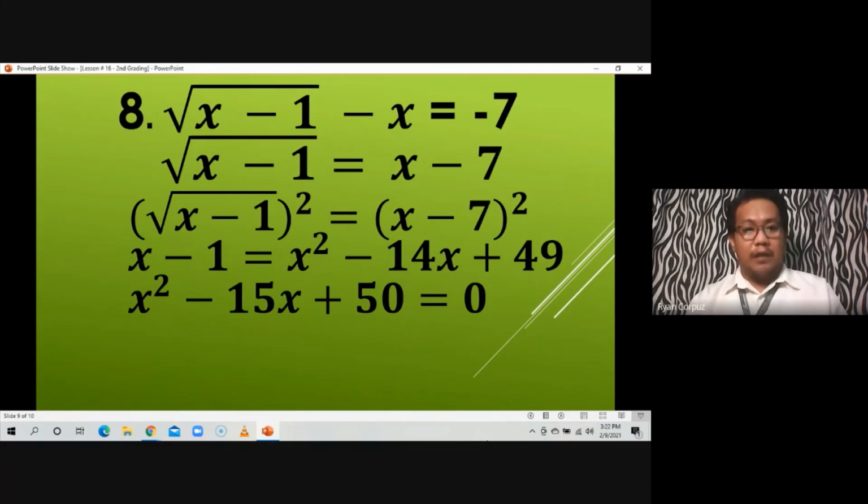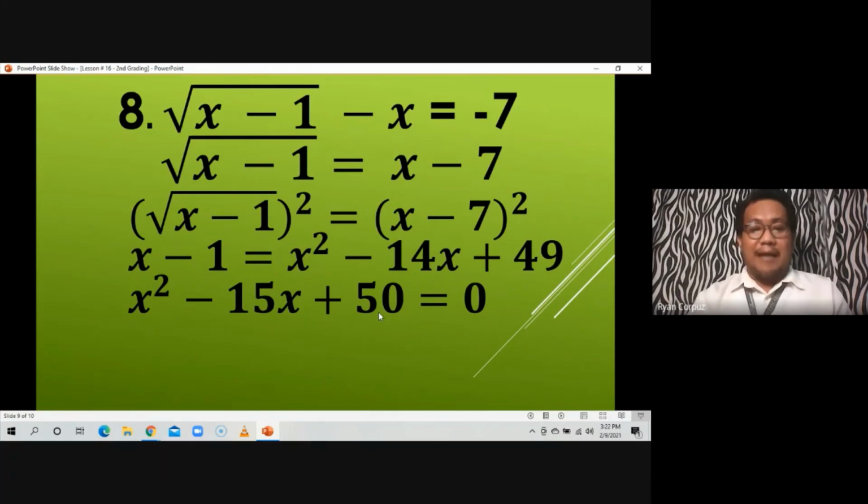So we are now dealing with a quadratic equation. So ano ba ginagawa natin? We do have different methods, diba, in solving quadratic equation. So we can make use of factoring. Diba? Pwede natin gamitin yung factoring. Find out factors of 50 that when added, the sum is 15. That is 10 and 5, di ba? So since negative yung middle, ibig sabihin negative yung dalawang number na yun that we are multiplying to come up with an answer which is positive 50.